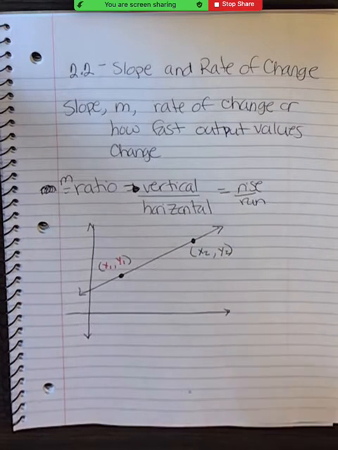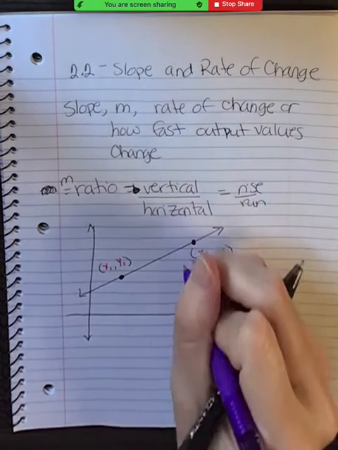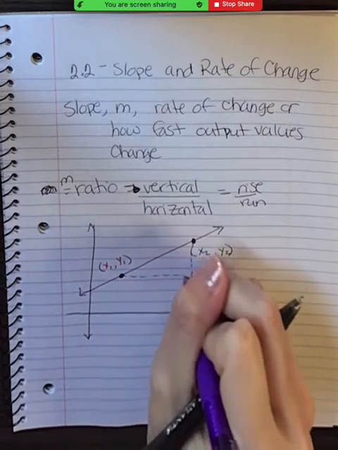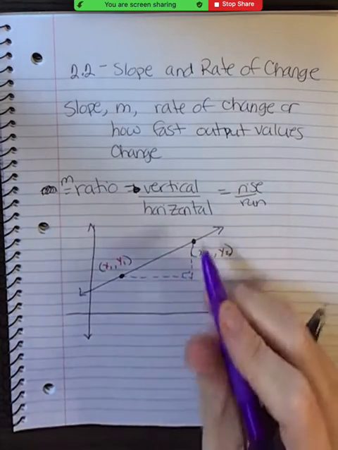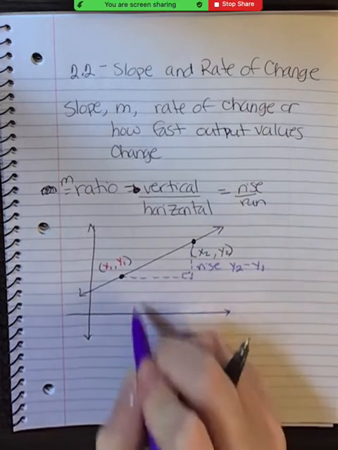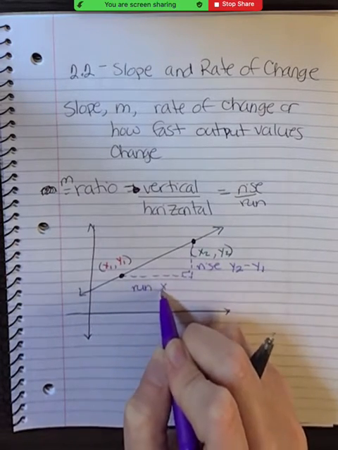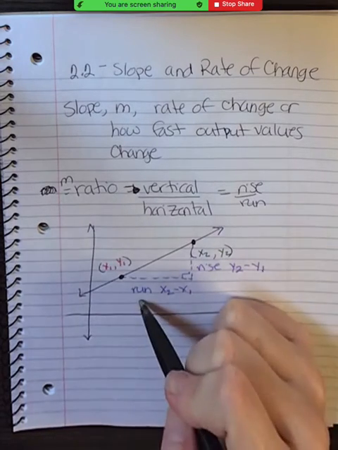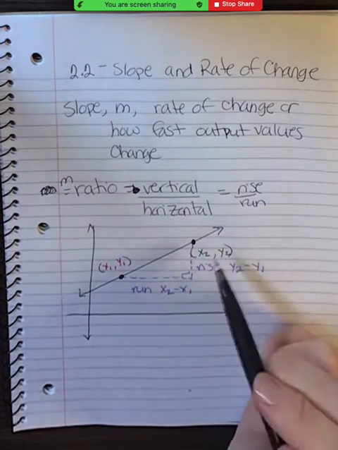Okay, so slope is the change in the vertical over the change in the horizontal. So the rise is the change in your y values, and the run is the change in your x values. It doesn't matter which one is x1, y1, and which is x2, y2.